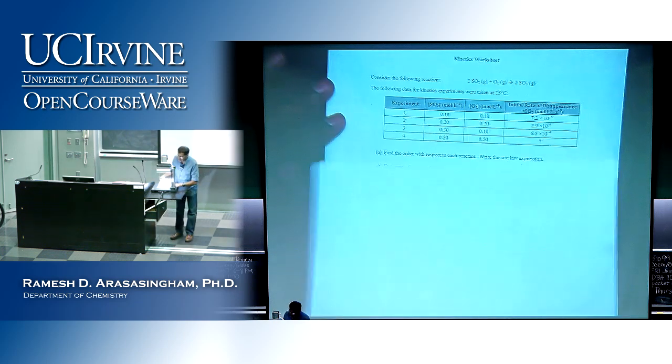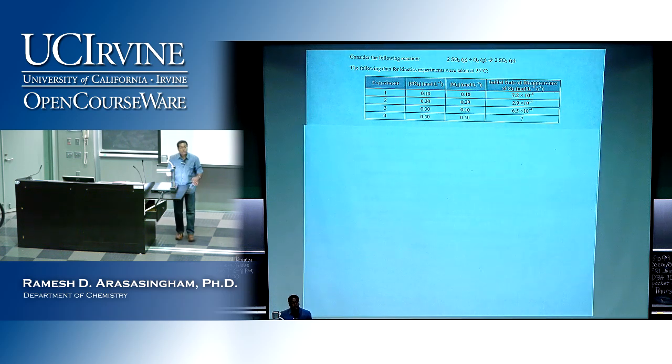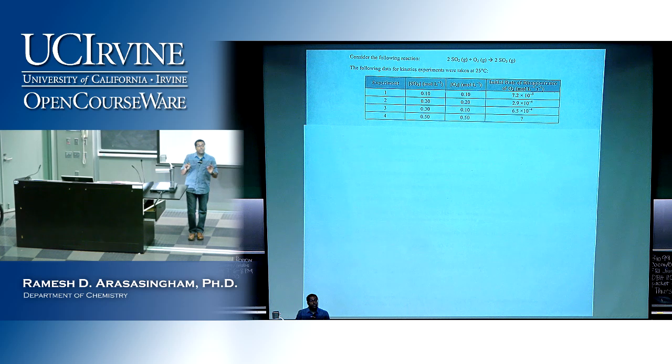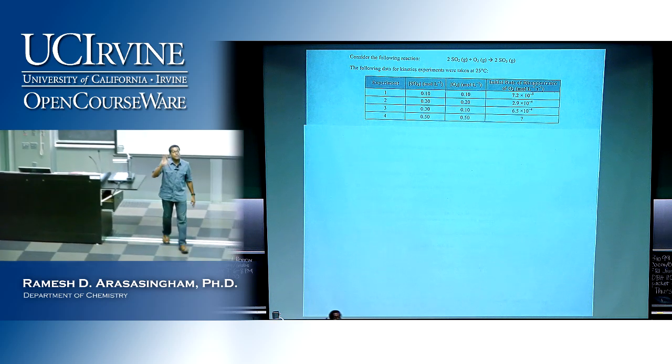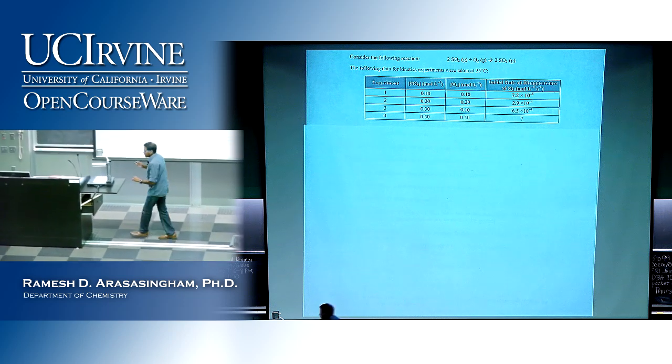So let's start with this: find the order with respect to each reactant. We start with all the information that's given to us, and we start by looking at the balanced equation. Can everybody write down the overall rate law, the general form? We don't know exactly what the order is, so use M and N. What would the rate law look like?